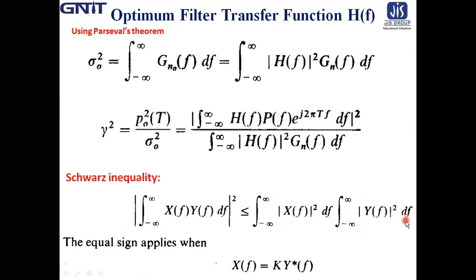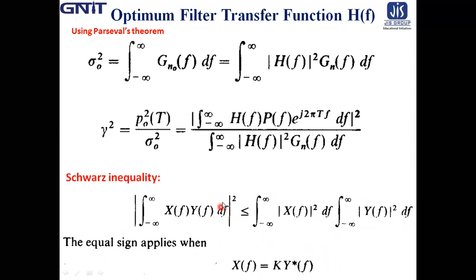The equal sign holds when x(f) equals k into y star(f), where y star(f) is the complex conjugate of y(f) and k is an arbitrary constant.